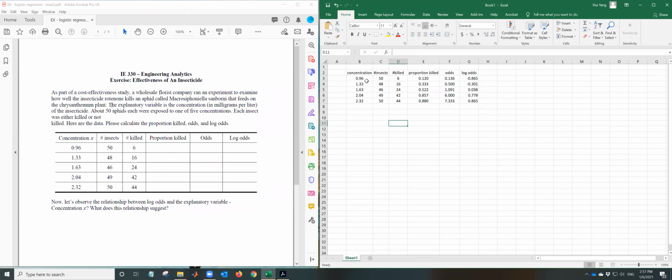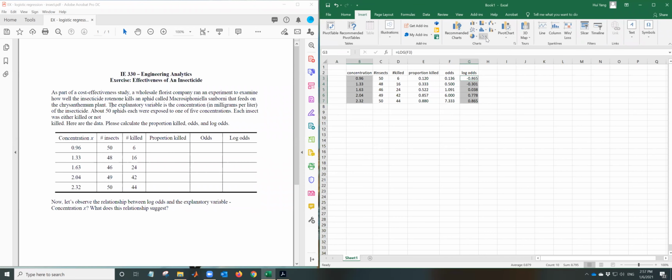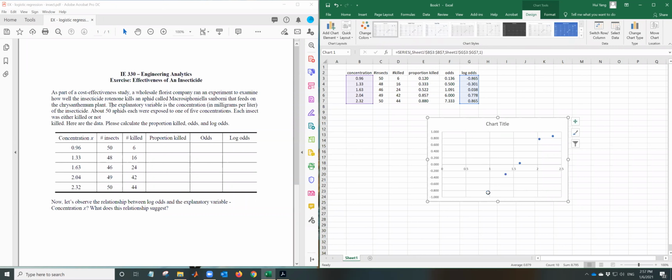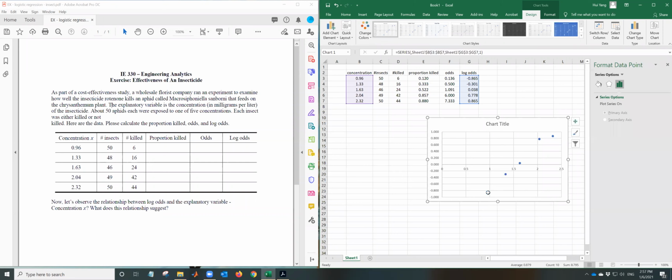Now let's observe the relationship between this, which is x, and this, which is y. What we are going to do is insert the chart. Okay, the first one. See the first value. The first value should be 0.96, right?